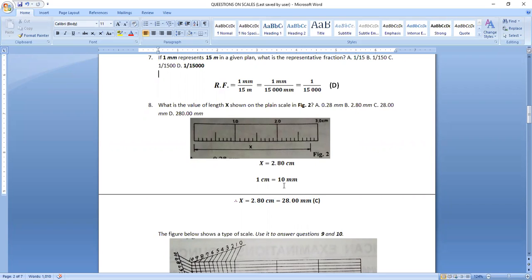If you look at it very well, this is 20, and if you read from here, 1, 2, 3, 4, 5, 6, 7, 8. So the length X is 28.00 millimeters, and option C is the answer to the question.